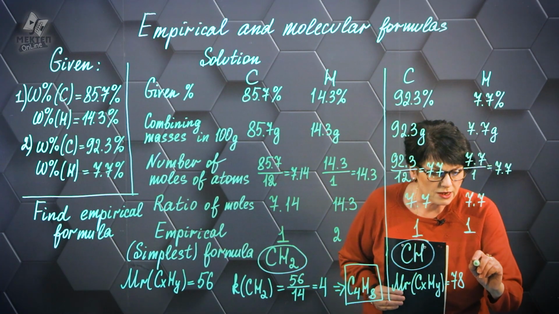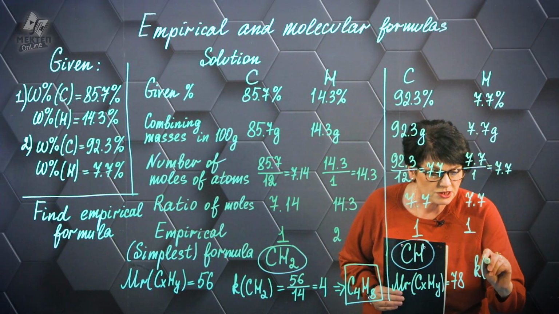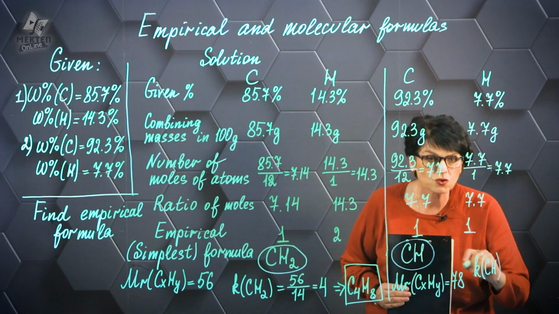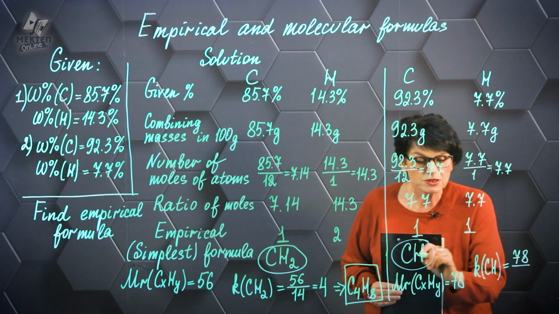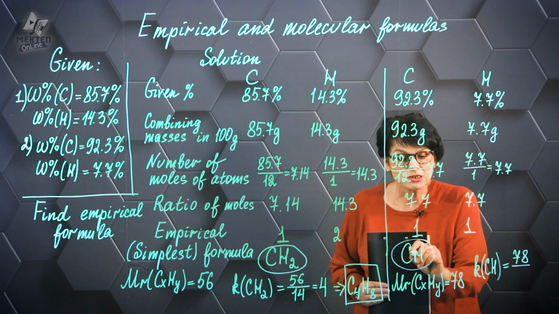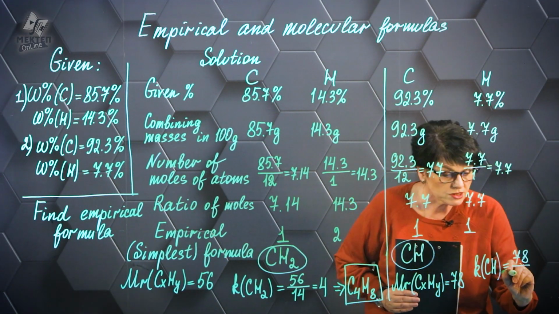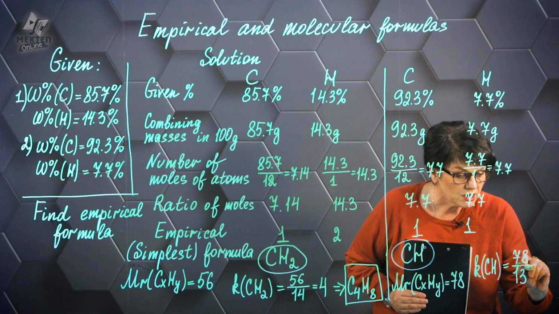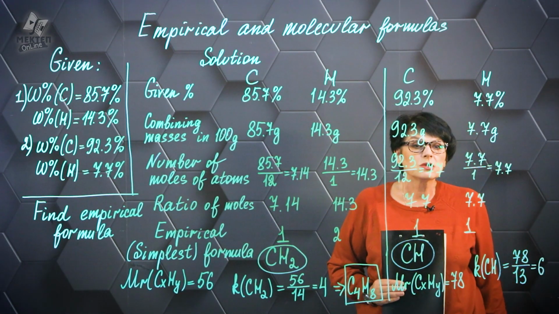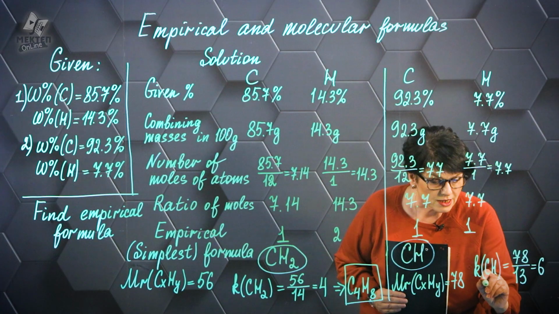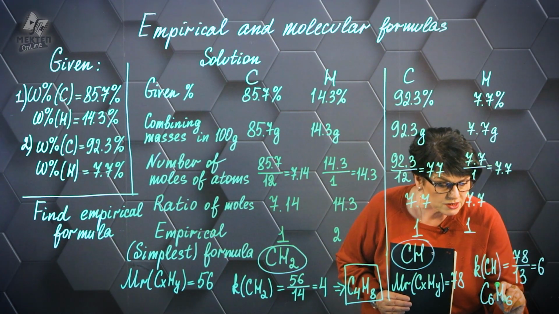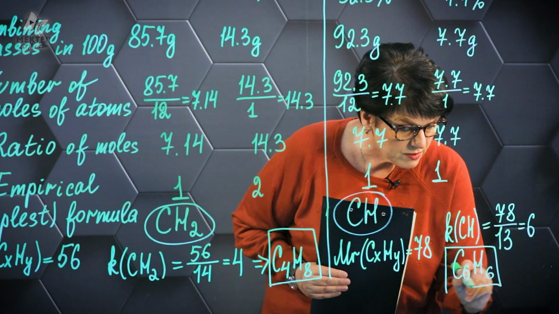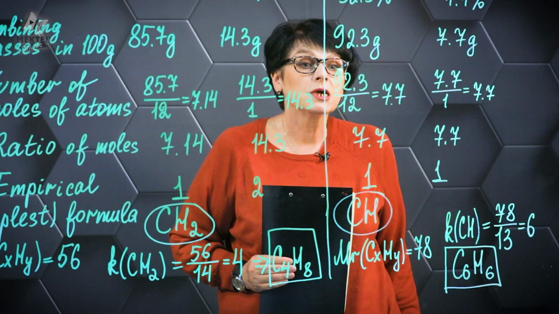And then we will calculate the proportionality coefficient, that is, how many elementary groups there will be. For this, we divide 78 by the mass of this simplest group, 12 plus 1, that is by 13. Then it turns out that we have 6 such groups, which means the resulting molecular formula is C6H6. Such a substance exists, and it is called benzene.